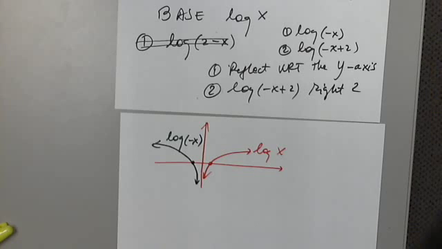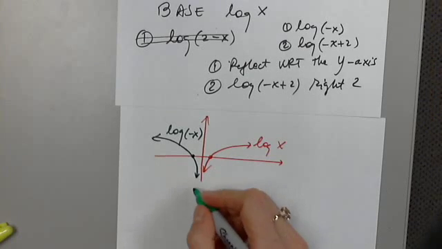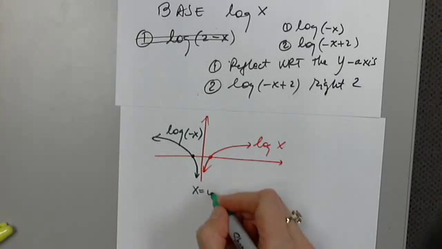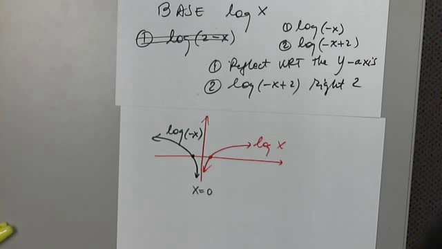Can anyone give us the vertical asymptote for this function? Perfect. And now the final step, we are moving the green graph to your right 2. But there is a vertical asymptote at 0. What do I have to shift first? The vertical asymptote. Where am I shifting it to?